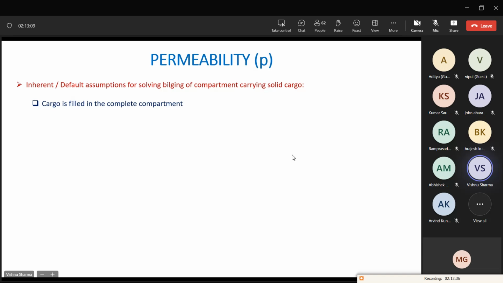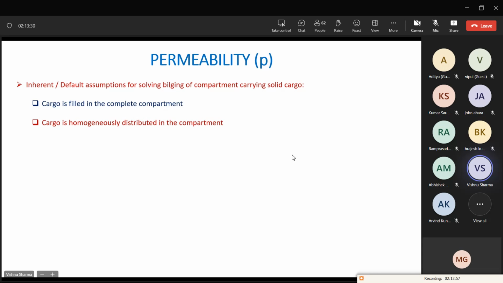That means from side to side, forward to aft, bottom to top, the compartment is completely full of the cargo. Otherwise, somebody has to say up to what height the cargo is given, which is not usually given to us. So we shall assume that the cargo is completely filling the compartment.